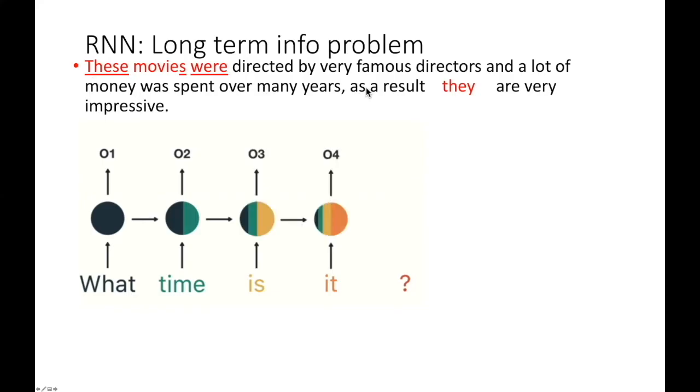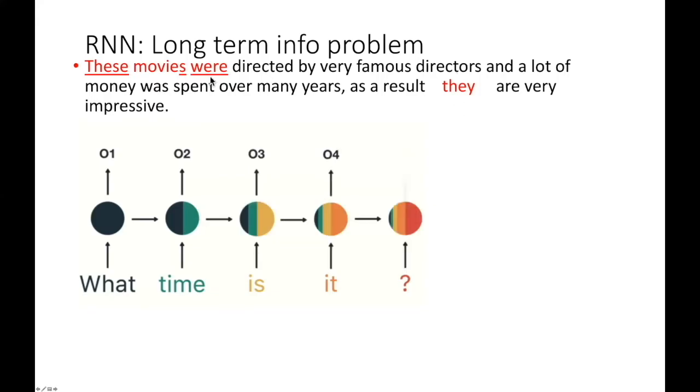Like here, there is a sentence: these movies were directed by very famous directors and a lot of money was spent over many years. As a result, they are very impressive. Now, what does this they refer to? They could refer to these movies, or they could refer to famous directors. Since we have good long-term memory, we are able to determine that they refers to these movies.